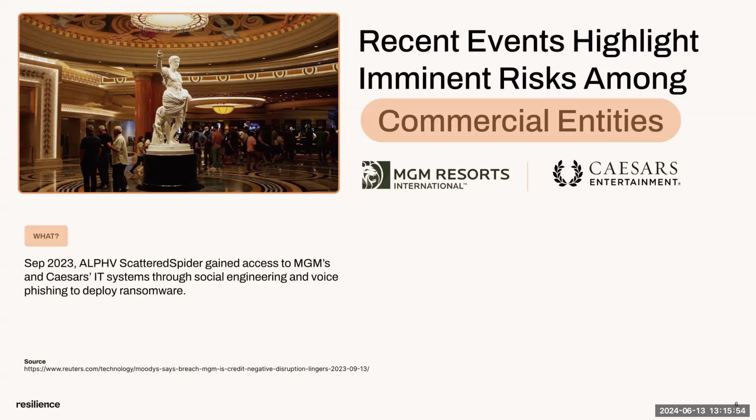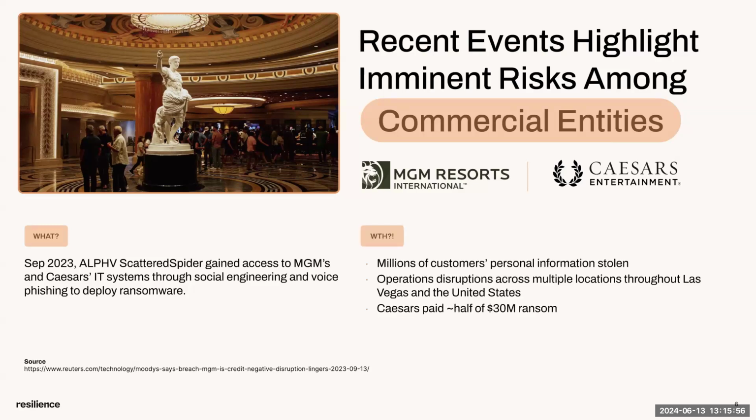The effect of this was that millions of customers' personal information was stolen. Operations were disrupted across multiple locations throughout Las Vegas, and Caesars wound up paying about half of the $30 million ransom that was levied against them in this process.